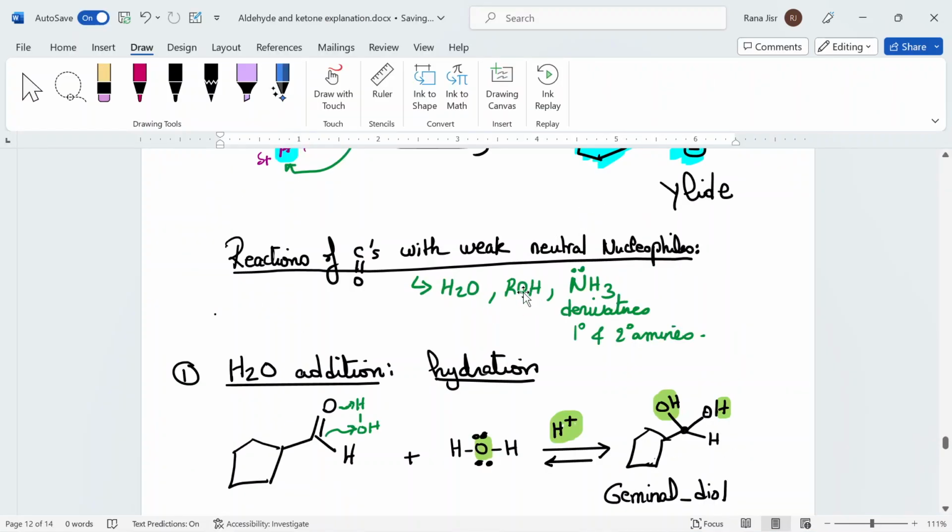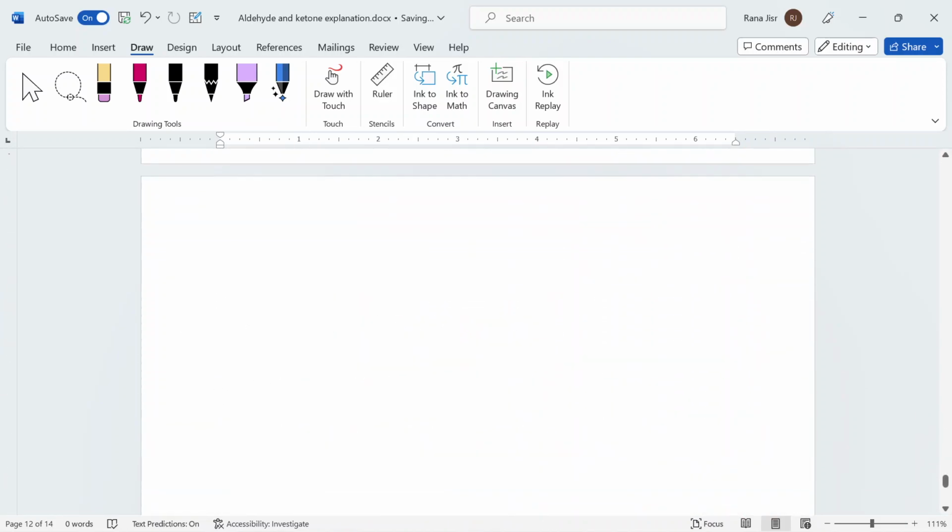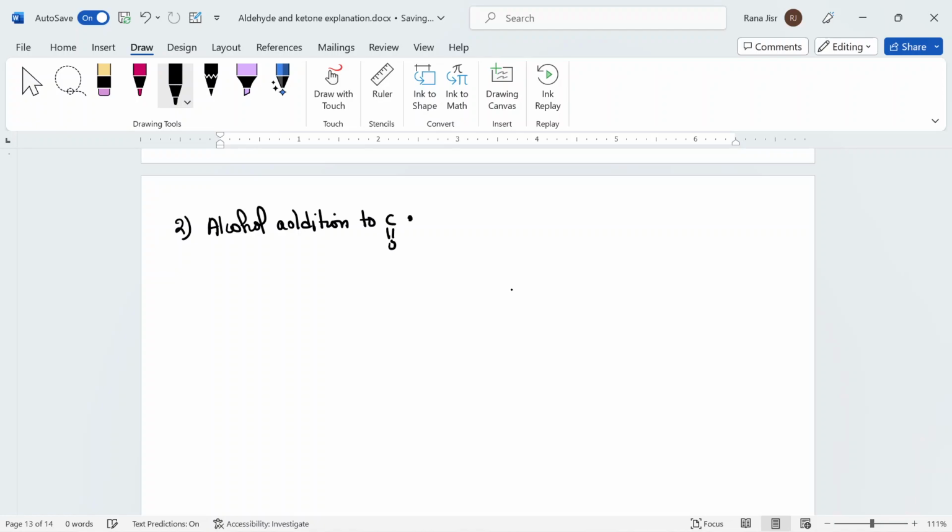The second reaction, we're going to consider alcohol as a nucleophile in acidic medium. So reaction number 2, we're going to do alcohol addition to the carbonyl. And in this type of reaction, normally we use 2 moles of the alcohol, unless stated otherwise.